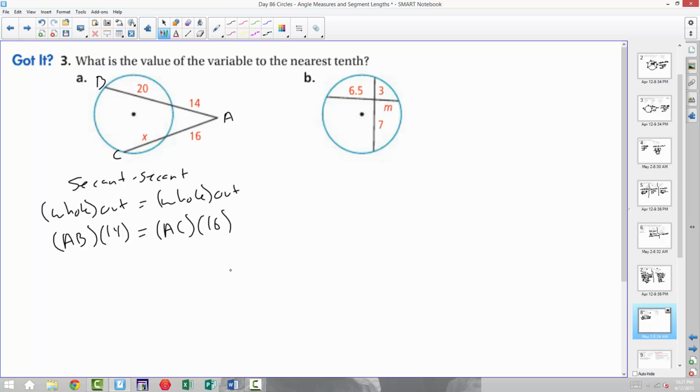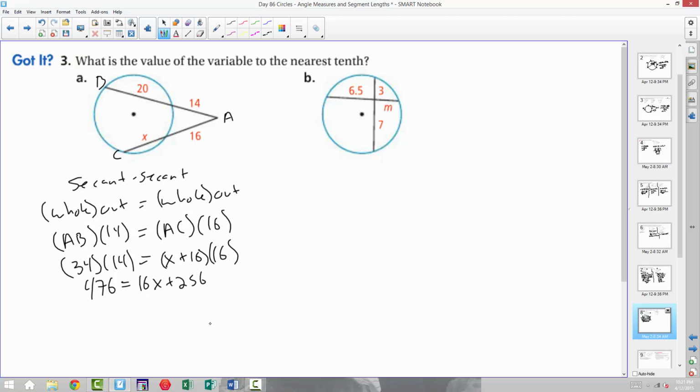So AB is 20 plus 14, which is 34, times 14. AC is x plus 16 times 16. So 34 times 14 is 476 equals 16x plus 16 times 16, 256.